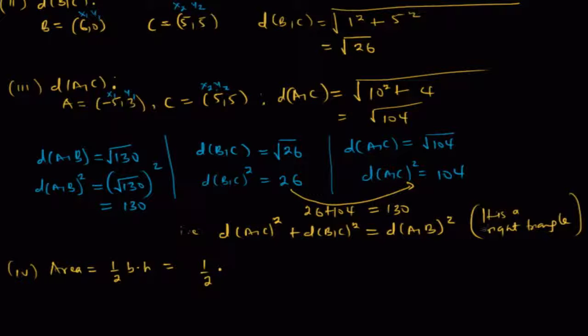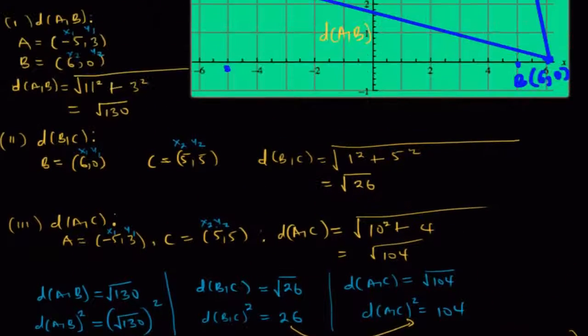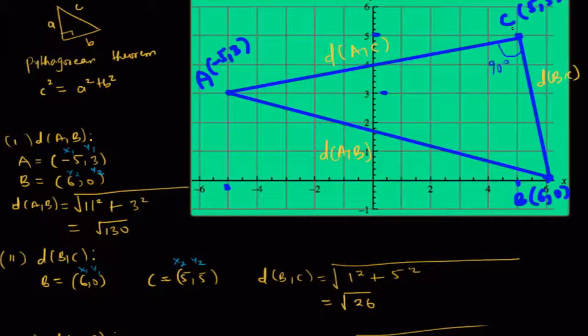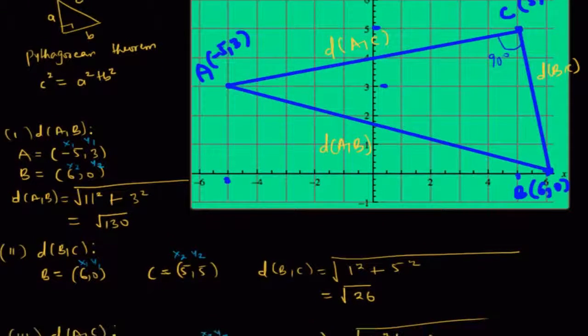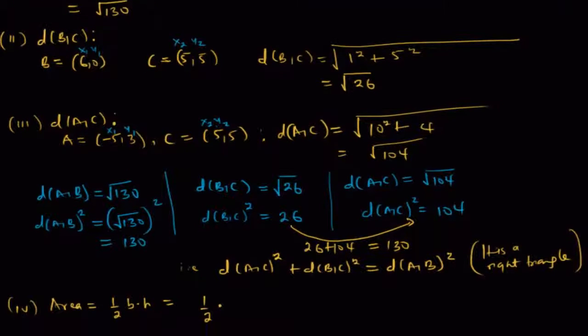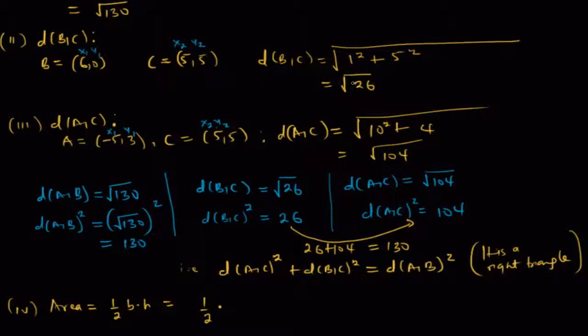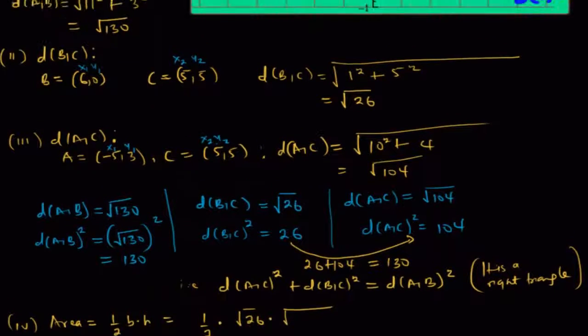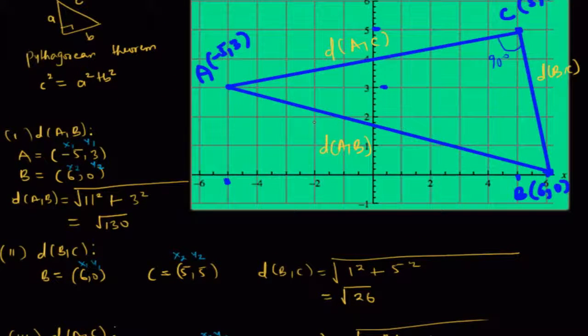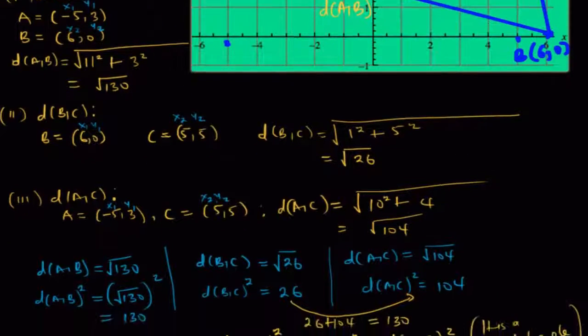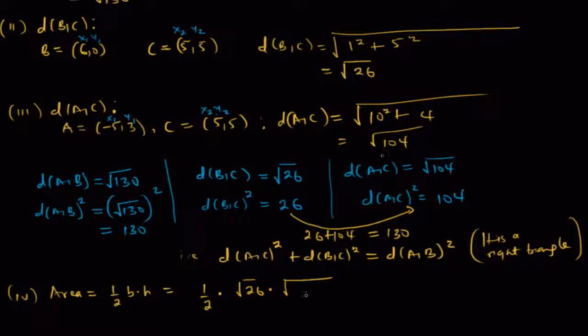Now the base we are given, our base is going to be BC, and we got the distance between B and C to be the root of 26, times the root of our height. Our height is from here to here, that is A to C, and we got the distance AC to be the root of 104.